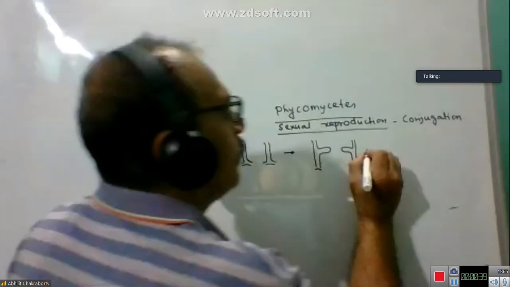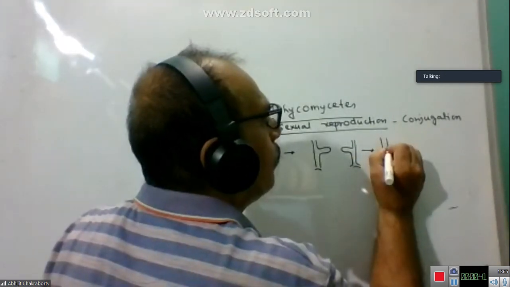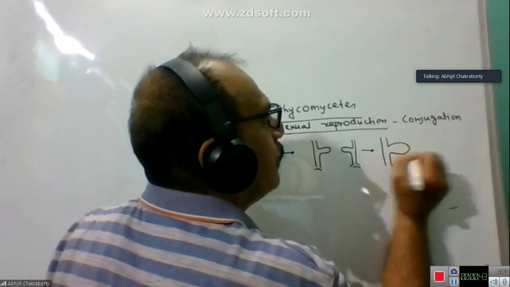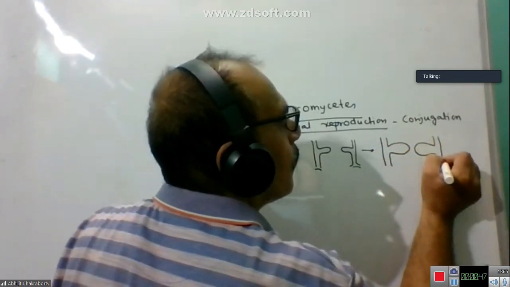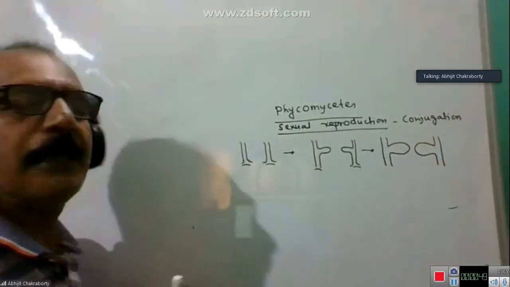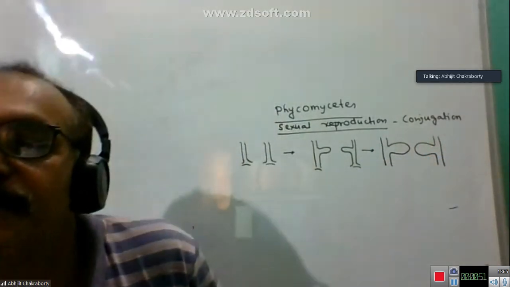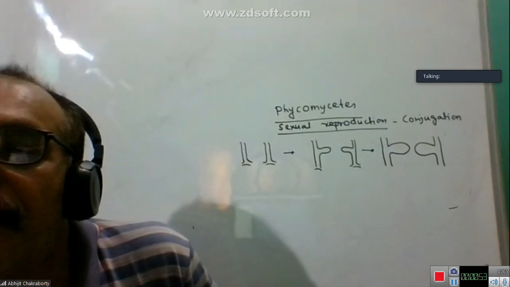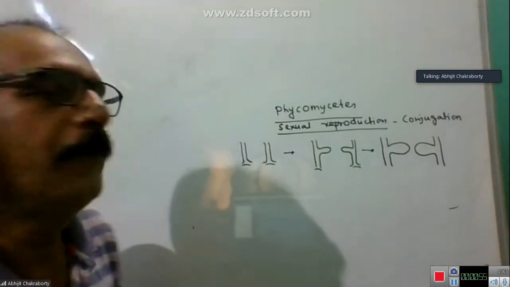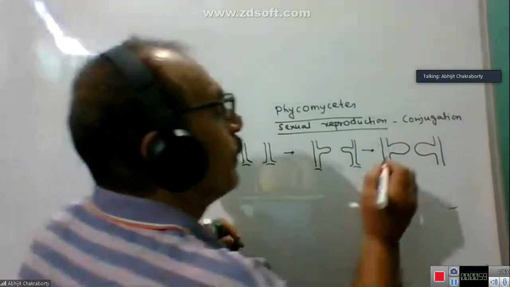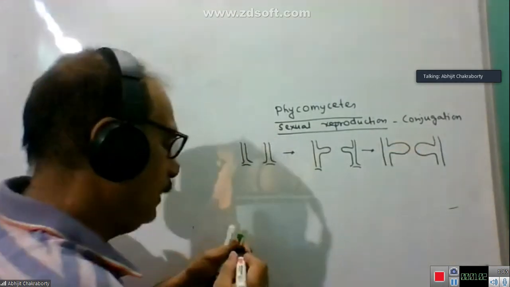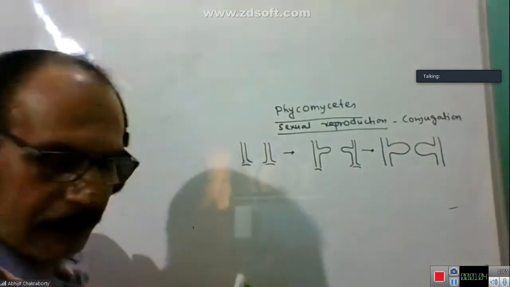Gradually they enlarge in size, and for the first time in the life cycle of Mucor, a septum is developed. Listen carefully, this is most important for the answer.